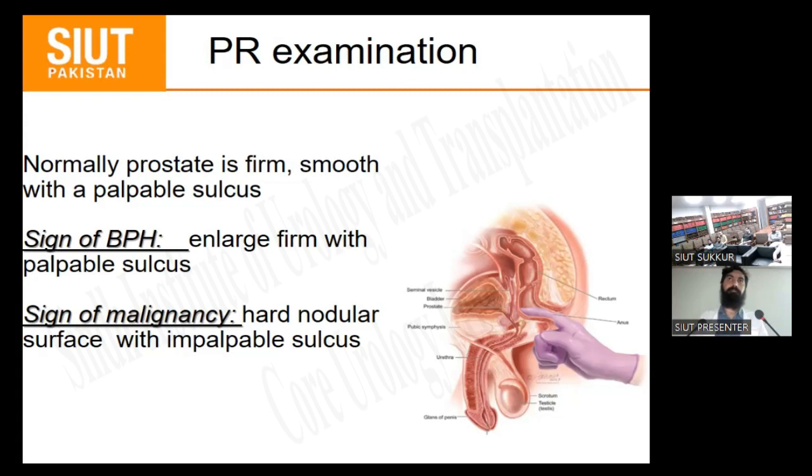उससे कुछ information मिल जाती है. In DRE, it basically tells us about the behavior of the prostate. By the tactile sensation, we can give an idea whether it is an enlarged prostate, normal prostate, or there is any nodularity, or it's indicating malignancy.